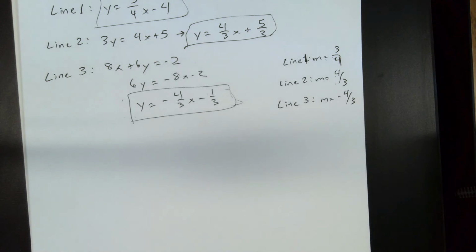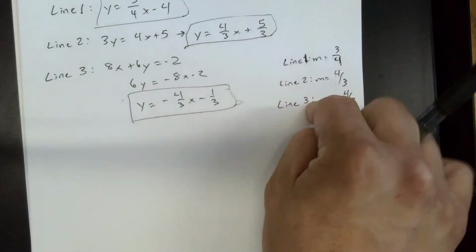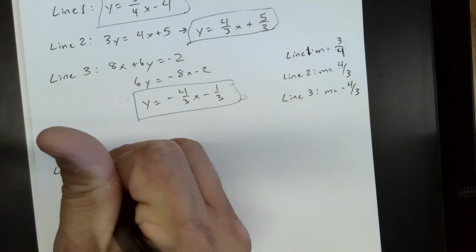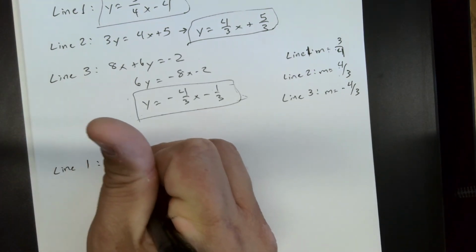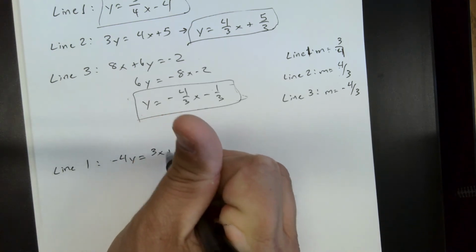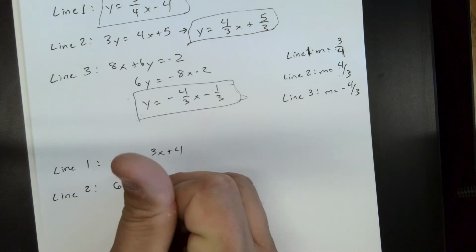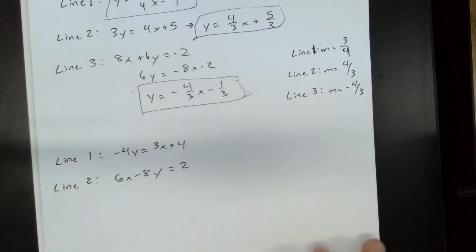Okay, I'm going to have you guys try this one on your own, and then I'll get your homework to you. I want you to convert all 3 lines to slope-intercept form, and then I want all slopes written off to the side, and then we'll go through them together. So let's say line 1 is negative 4y equals 3x plus 4. Line 2 is 6x minus 8y equals 2.